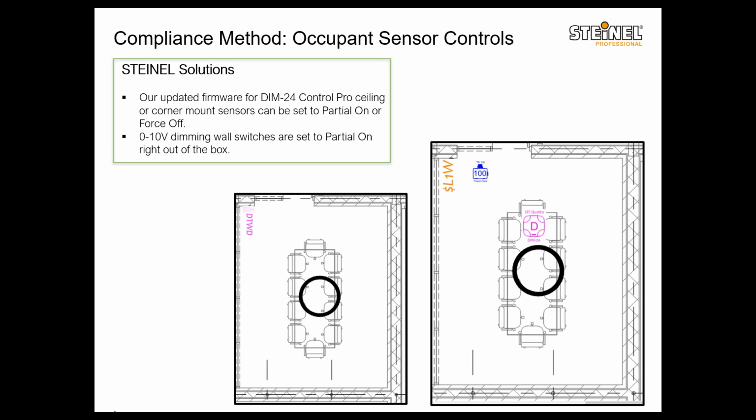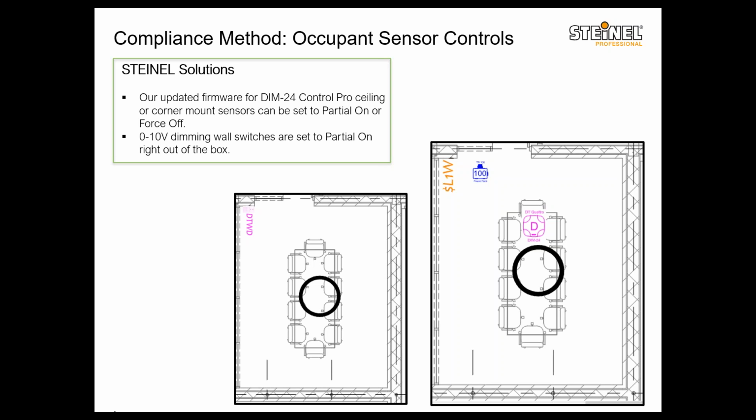One is using a dual-tech DT Quattro DIM-24 ceiling mount sensor with a power pack and a momentary switch, and the other method would be using a DT 0 to 10 volt wall switch.